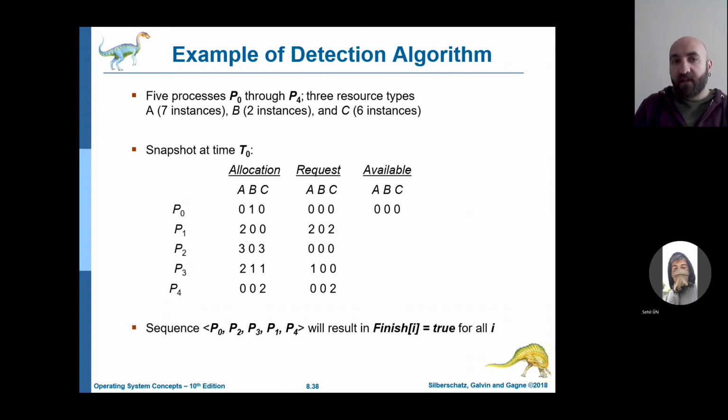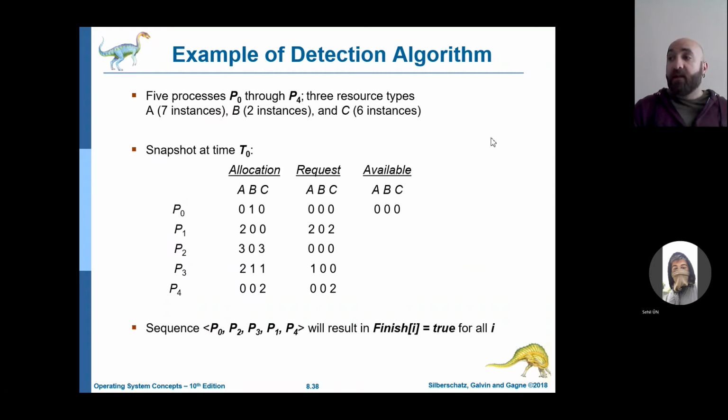Based on that, we can claim that the system is not in a deadlock state. If we execute our algorithm, we will find that the sequence P0, P2, P3, P1, P4 results in finish[i] being true for all.